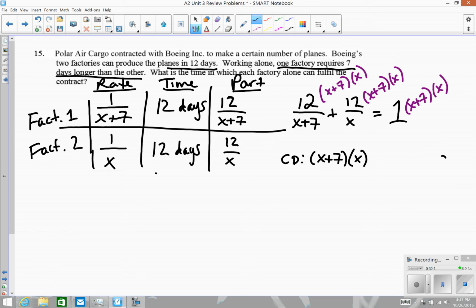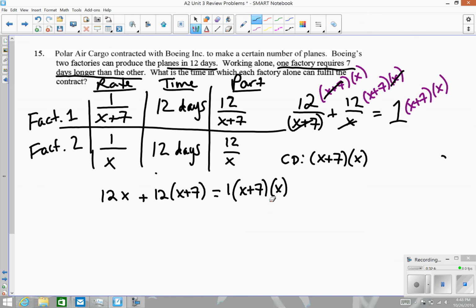I'm multiplying every term by the same amount, and this allows me now to cancel out some common factors, and my equation becomes 12 times x over 1 plus 12 times x plus 7 over 1 equals 1 times x plus 7 times x. And I'm going to now distribute.